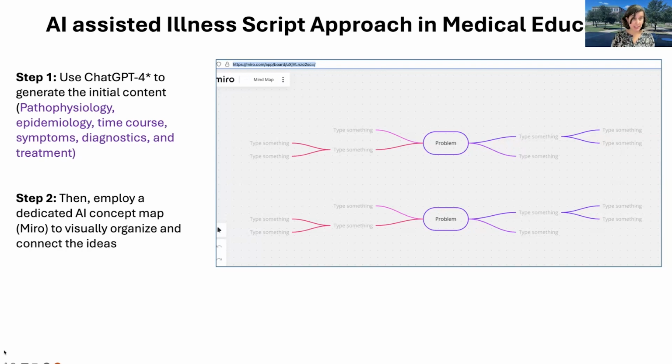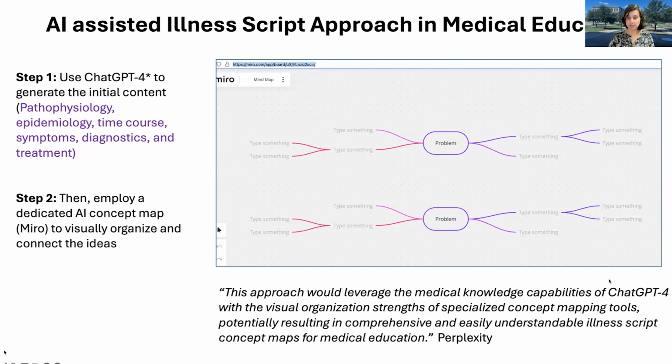The AI tool told me to use one of the AI search engines to get the initial content, and these are the subtopics, and then employ a dedicated AI concept map, which is what the programs call mind maps. I thought, well, maybe that's a good idea.